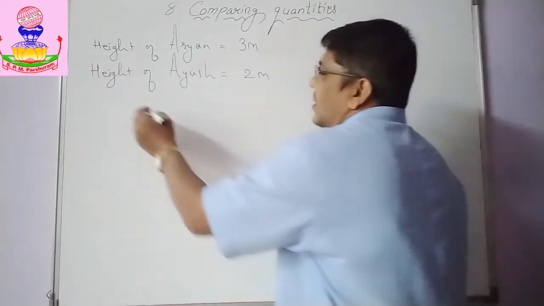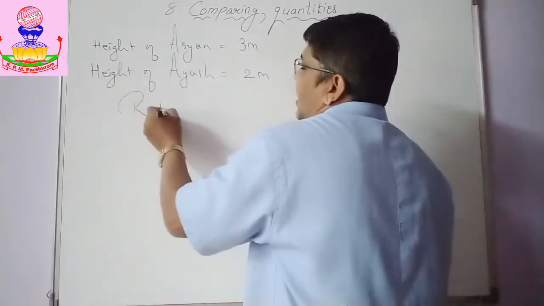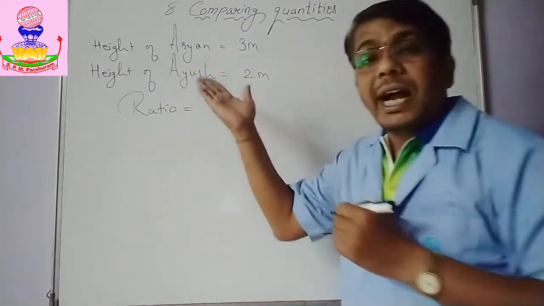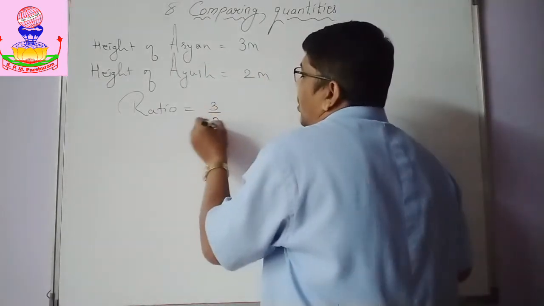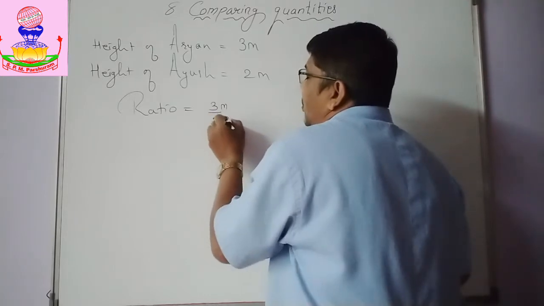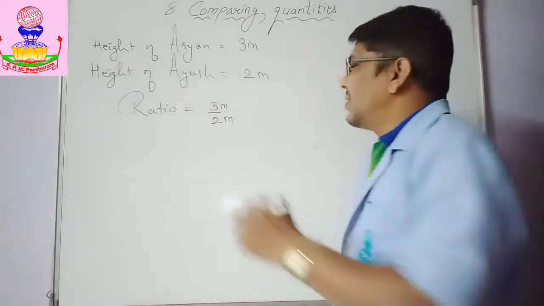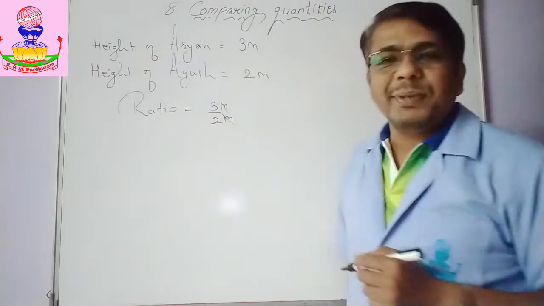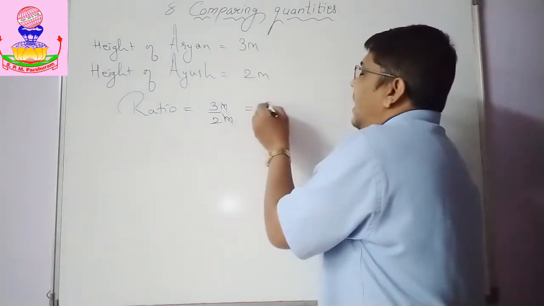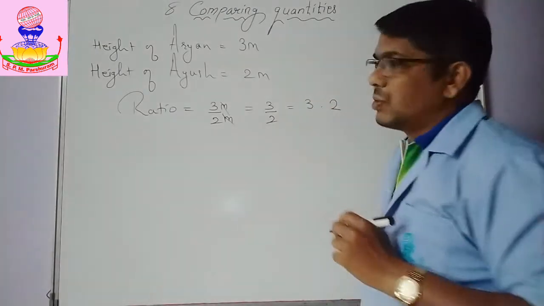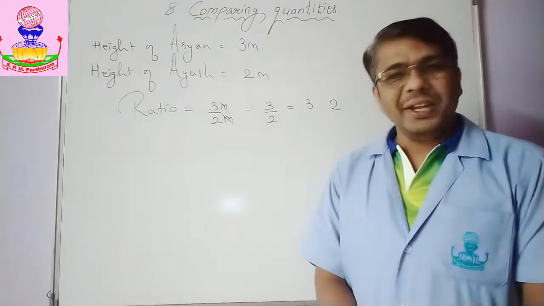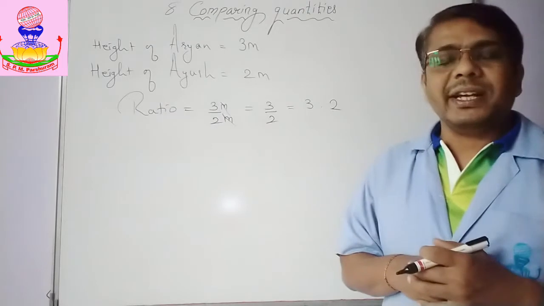So what you will do? Ratio. And how you have to compare? Aryan to Ayush. Right? So 3/2. So 3 meter upon 2 meter. So you can see that meter will get cancelled and you will get 3/2, that is 3:2. Okay? Now, let me take another example.